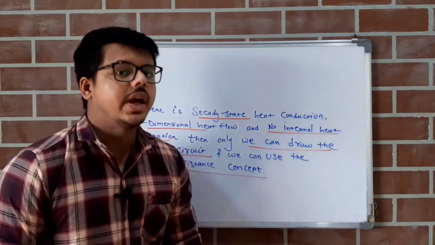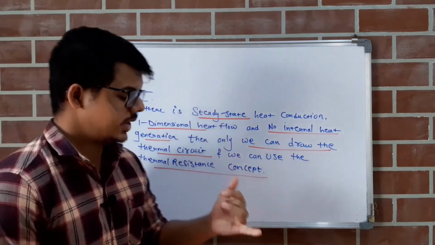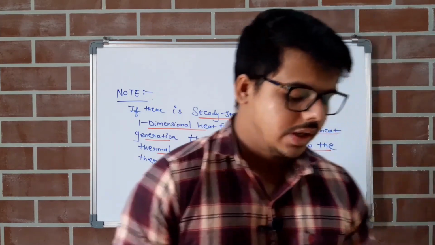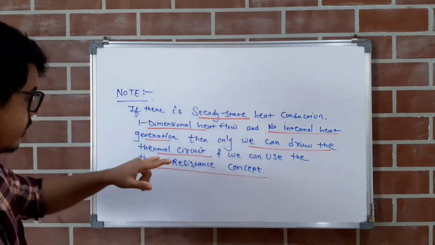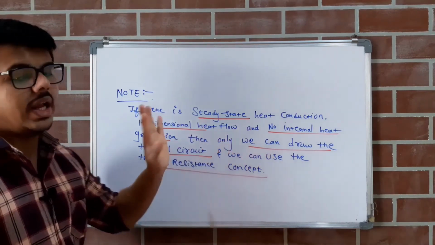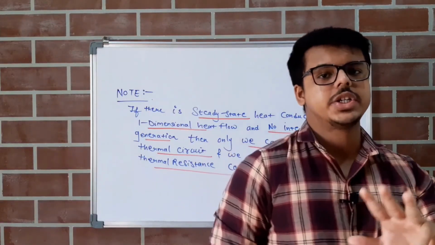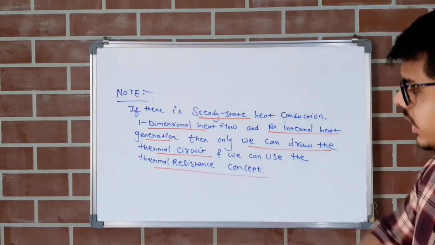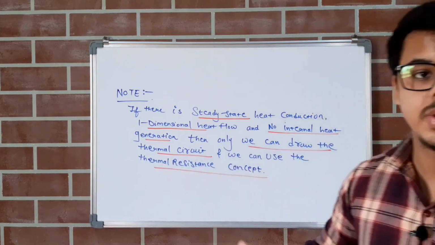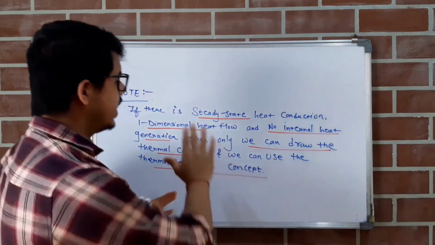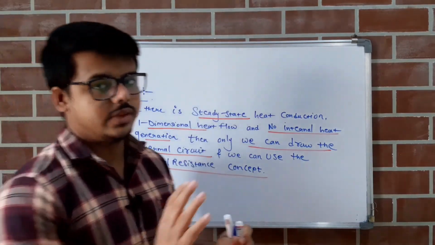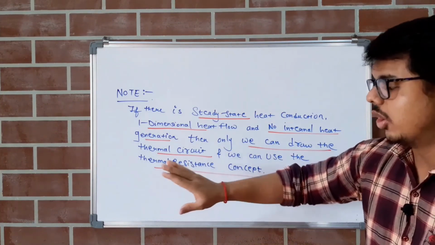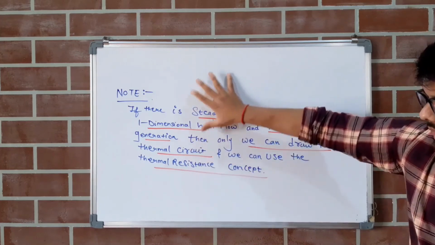That means when we have a system which follows these assumptions, that is steady state heat conduction, no internal heat generation, and one dimensional heat flow. When these three conditions are satisfied by any of the systems of the heat transfer concept, then we can use this thermal circuit. And if these three conditions are not satisfied, then we cannot draw the thermal circuit and we cannot find the value of thermal resistance. So this is the important point.